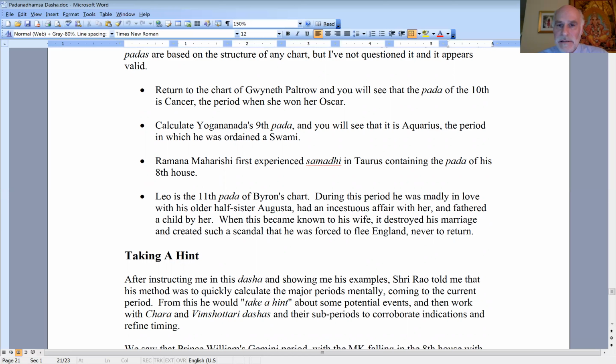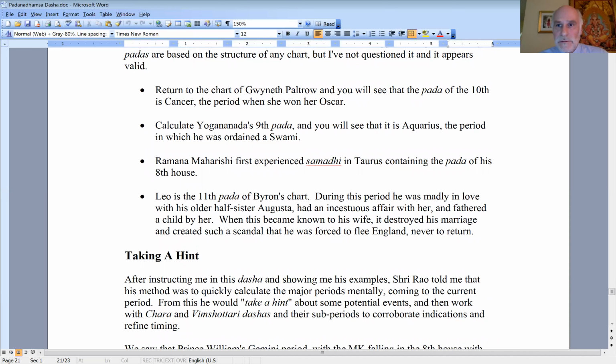Her name was Augusta. And he had an incestuous affair with her. And this became known to his wife, and it instantly, obviously, caused a rupture in his marriage. She divorced him. It was a huge scandal in England at the time among the aristocracy, and as a result of that, he essentially left the country and never came back.